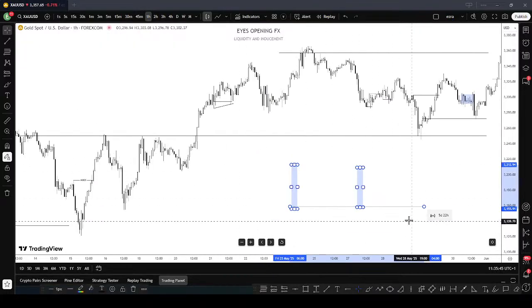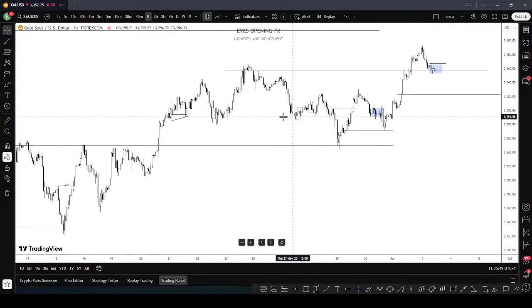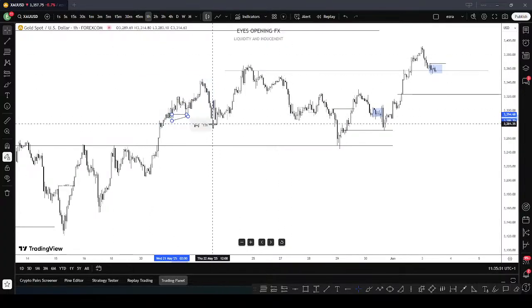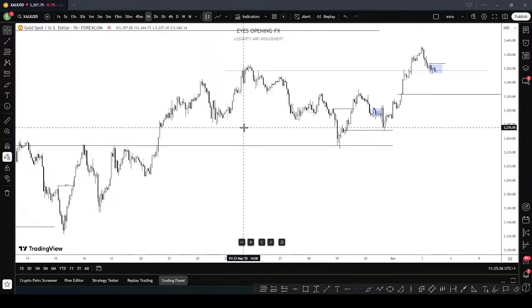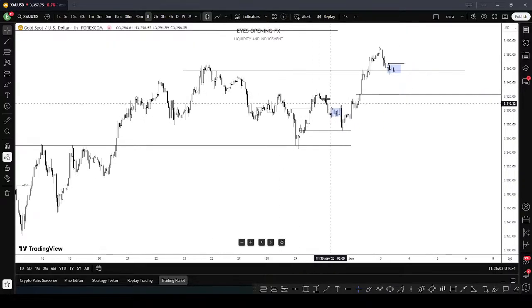But as a trader, you can just overlook some of this liquidity if you are yet to master them. You just trade the simple, classic, basic idea of support and resistance with AMD, or with a strategy that you already know is working for you.